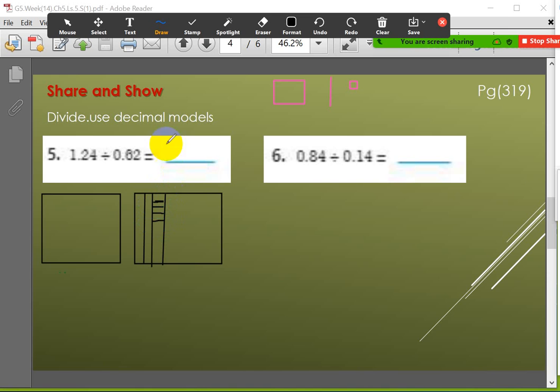Okay, girls. This is the model that represents the dividend.